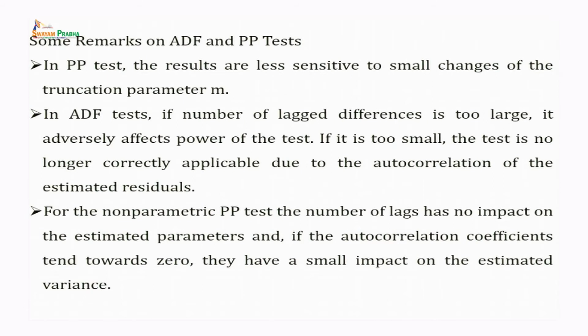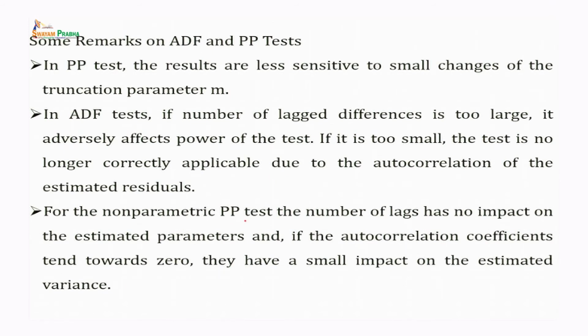So, obviously, if you are taking k to be too small, the number of terms in the augmentation term is too small, then your residuals have autocorrelation, and then your test is no longer correctly applicable.